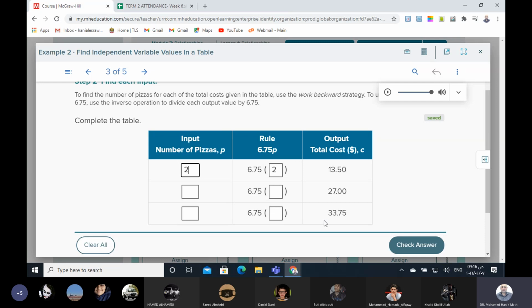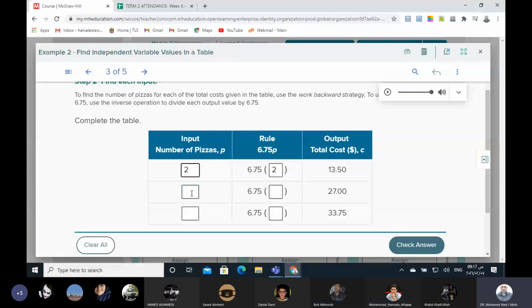Now we have the output 27 and we have the rule. How to find the input? You have 2 minutes, please. Tell me what is the input here. The answer is 4.